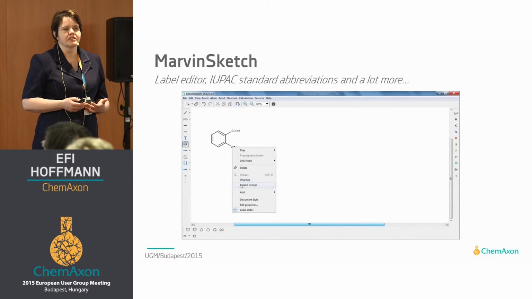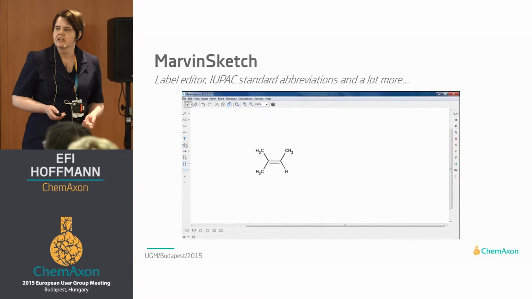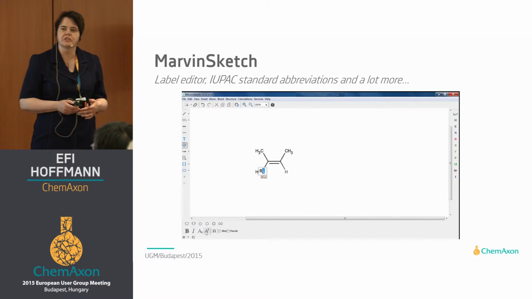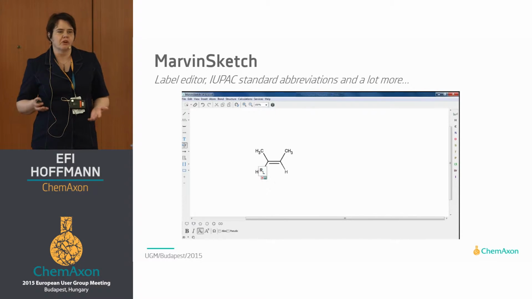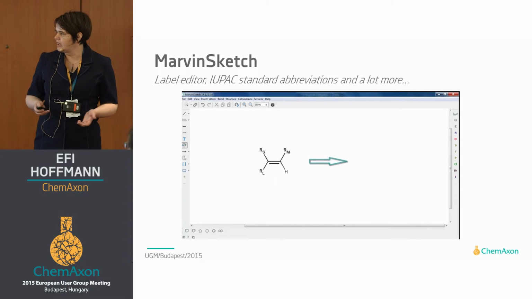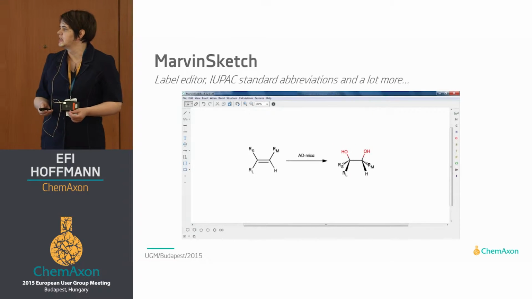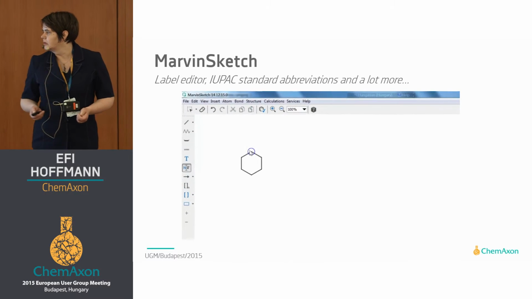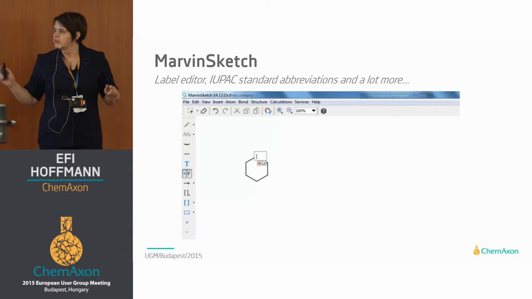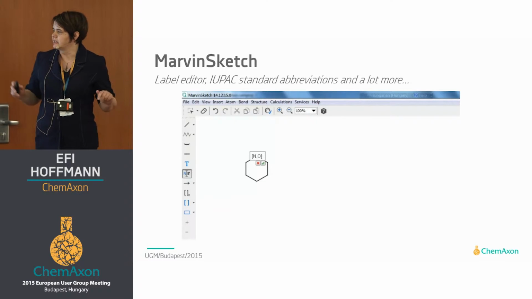But after that, we thought it's not enough to make our abbreviated groups that way, but we should give you a tool where you can format all your labels as you wish. The video you can see now shows this tool, which we call the label editor.